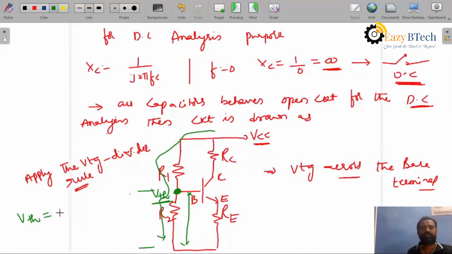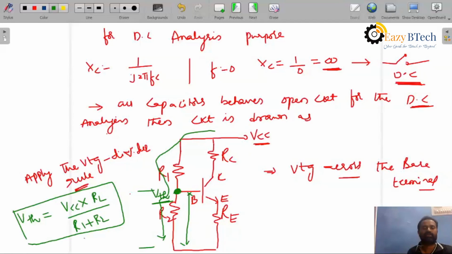Thevenin voltage is equal to the applied voltage VCC into R2 divided by the total resistance R1 plus R2.